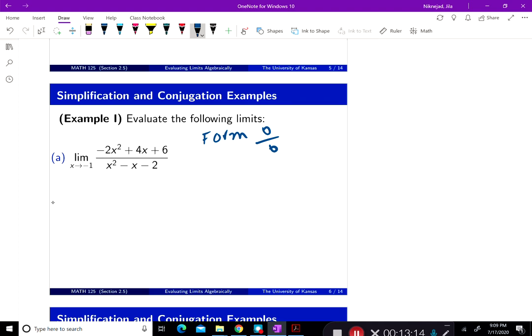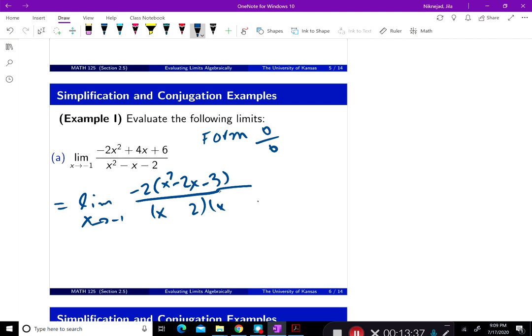So here, I rewrite this limit as x approaches -1, and then I factor -2 and end up with x squared minus 2x minus 3 divided by, let's factor this one. This one is x and x, and this one has to be -2 and plus 1, so they add up to be -1.